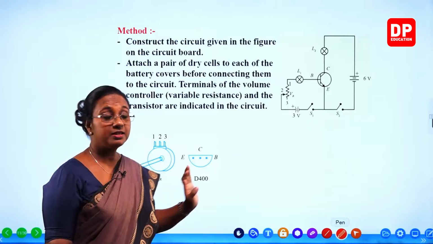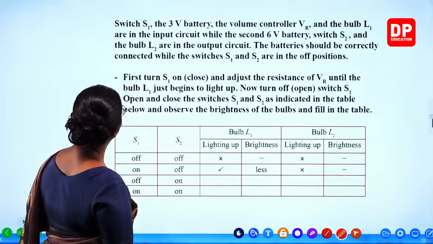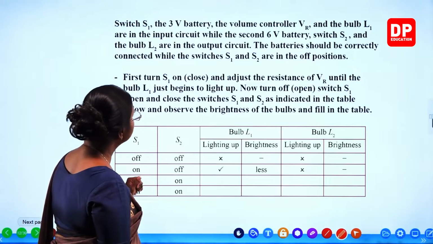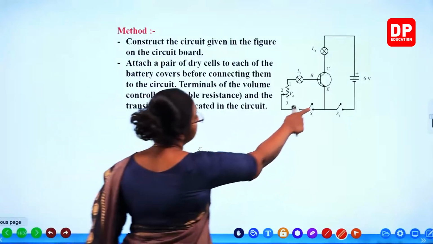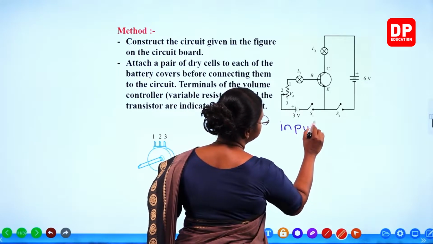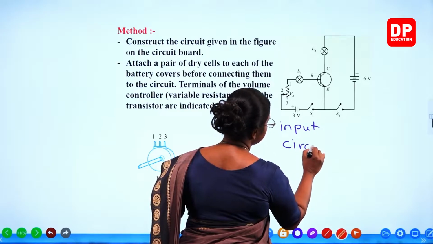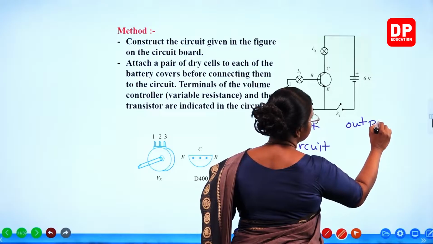The procedure continues. Switch S1, the 3 volt battery, the volume controller VR and the bulb L1 are in the input circuit. So here this is going to be the input circuit, and this will be the output circuit.